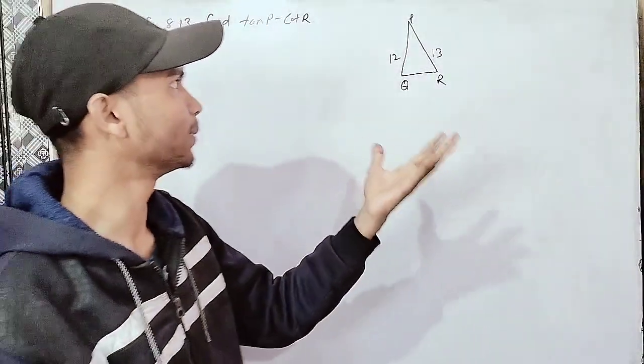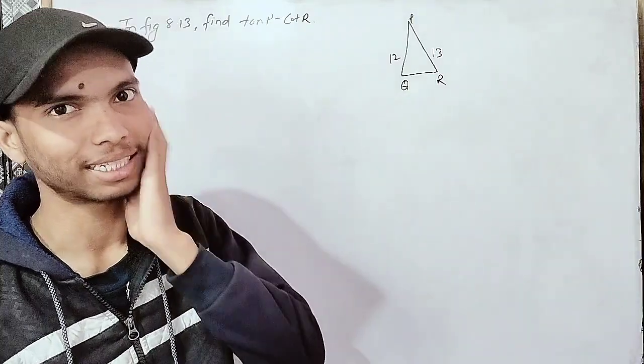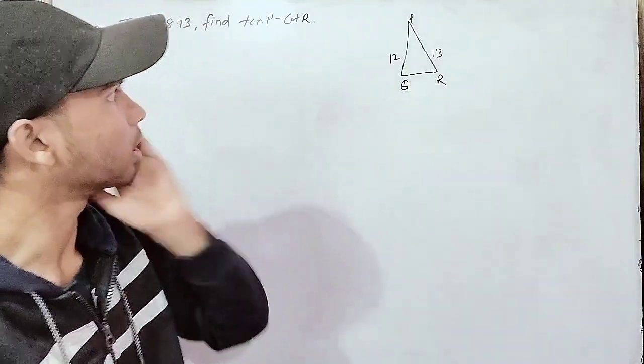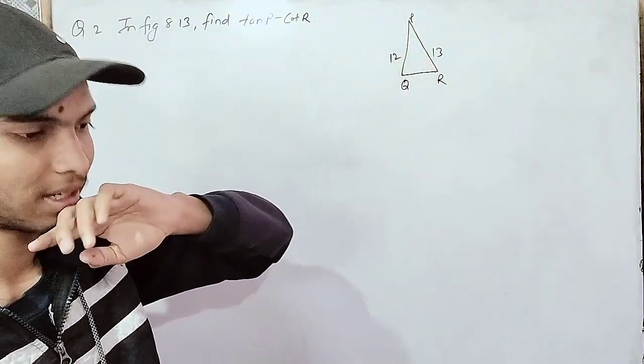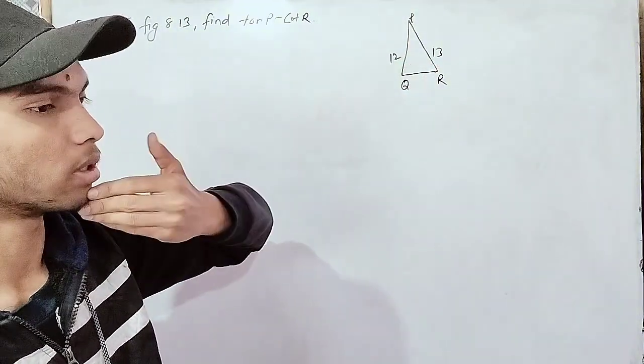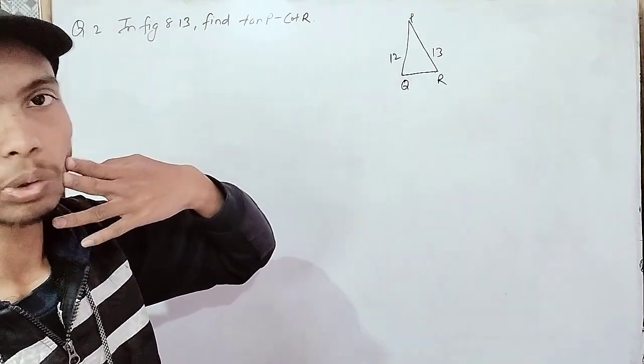Here, as I was telling you, we have two values in the right triangle. You can see two values, but we don't have one value. That is because the question says you are going to solve for it.